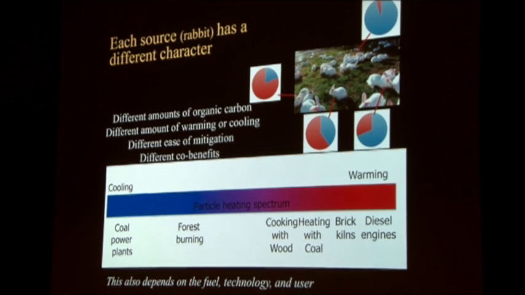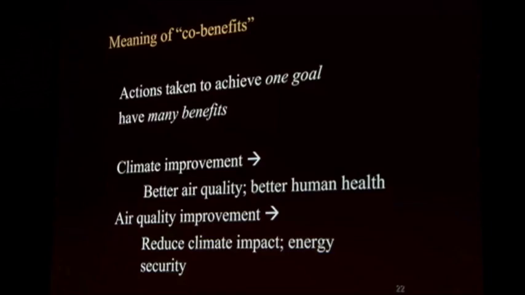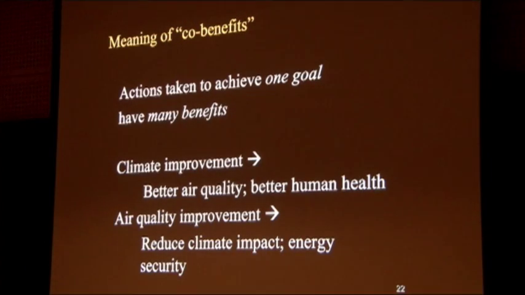And high on the list, this is a global average again, number 4 is household air pollution from solid fuels. And number 9 is ambient air pollution. And so if we can address these sources that are changing climate, they also have effects on human health through the particulate matter and other pollutant emissions.